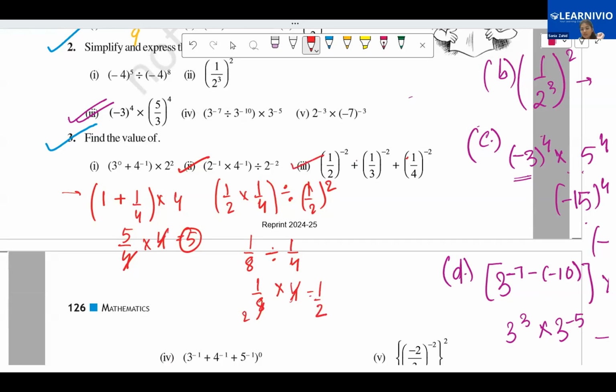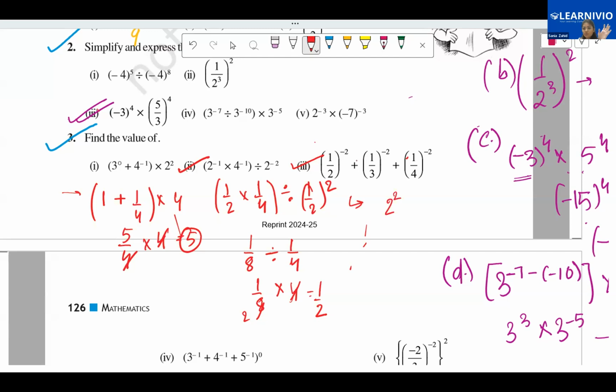Harmeen, you tell me the third one. Yes, ma'am. 1 by 2 raised to minus 2 can be written as 2 raised to minus 2.